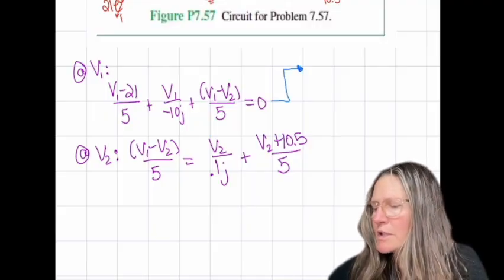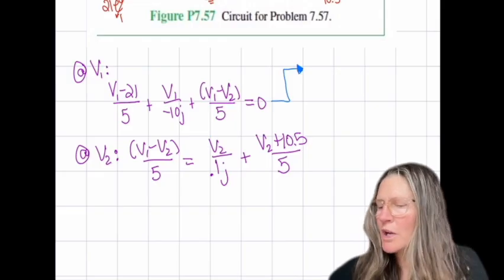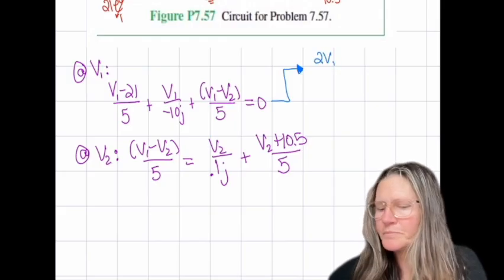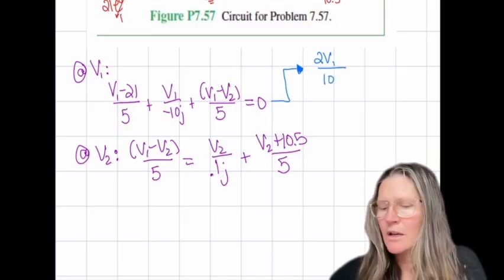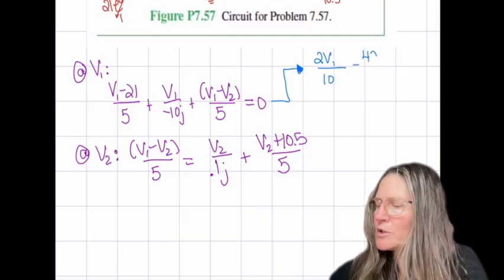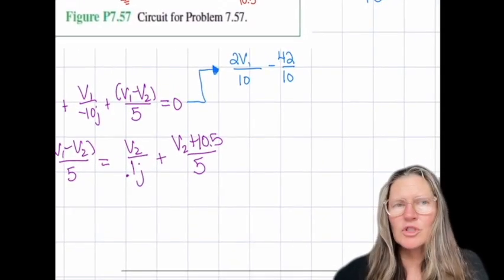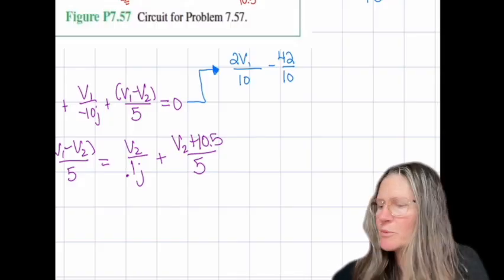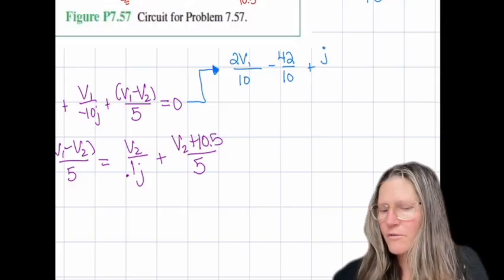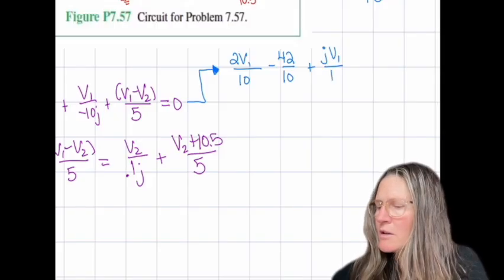So to get 10s on the bottom, we're going to have 2V1 over 10 minus 42 over 10. And then the minus 10j, the minus j comes up to the top, so we'll get a plus jV1 over 10.